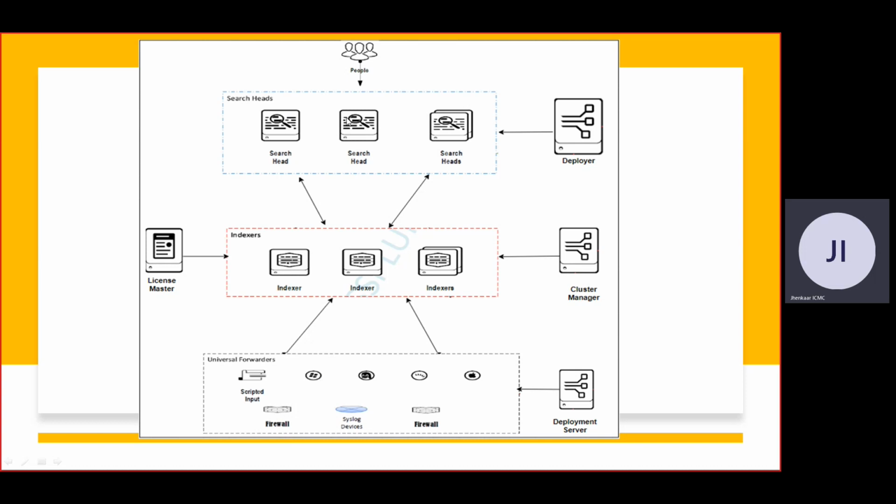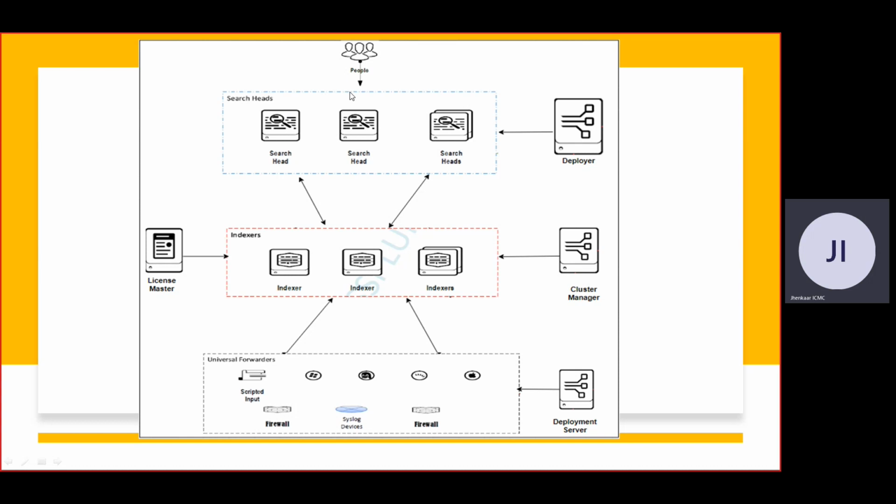So if a user needs Windows-related data, then the data from this Windows machine should be read and stored in the Splunk indexer. If we have this data here, then the user can just query index equals Windows, or whatever index name we have given, and this request will come to the indexer, and the indexer will have the data and give back the result.